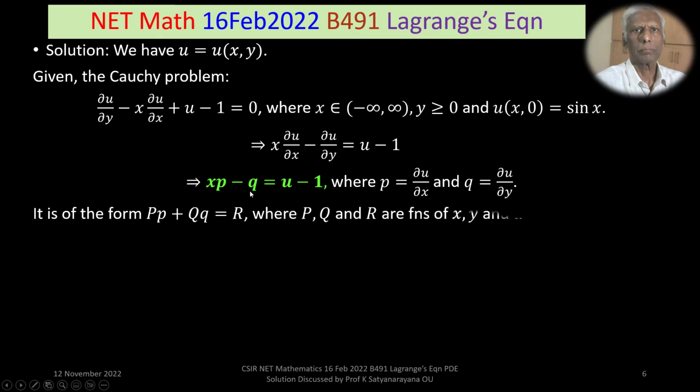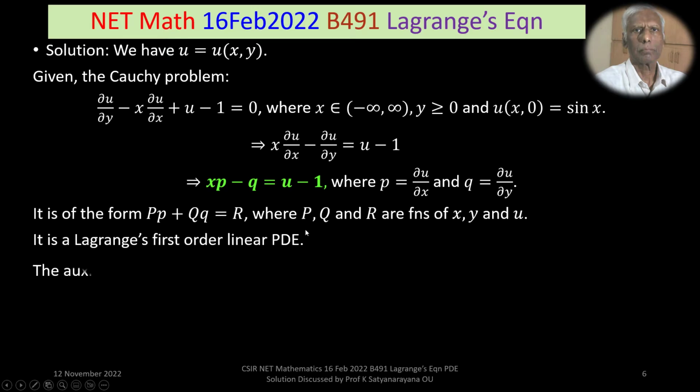And this equation is of the form capital P p plus capital Q q is equal to capital R, where capital P, capital Q, capital R are functions of x, y and u. And it is a Lagrange's first order linear partial differential equation.